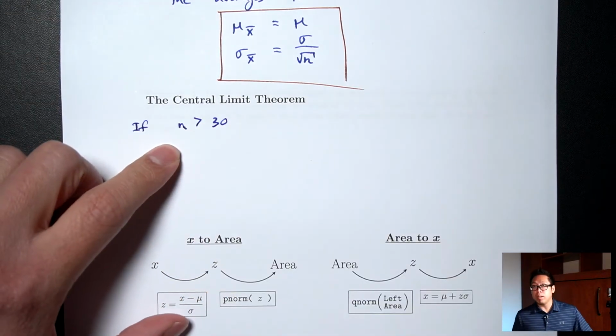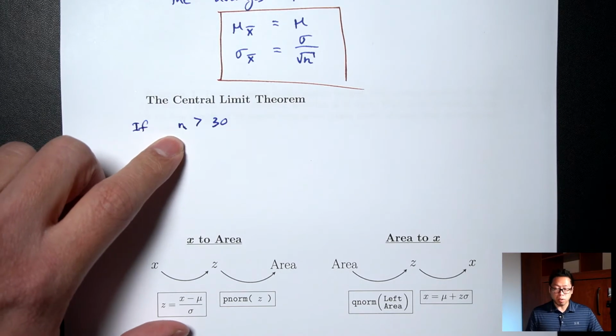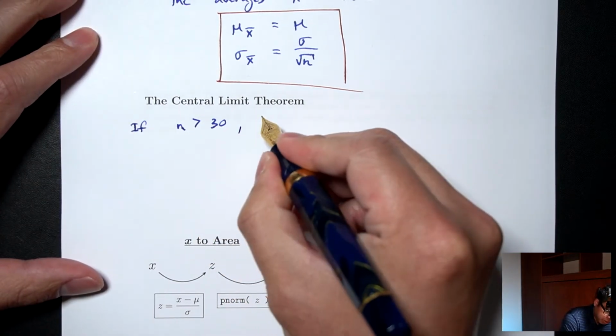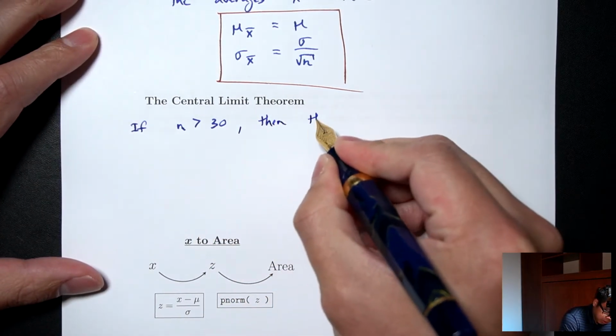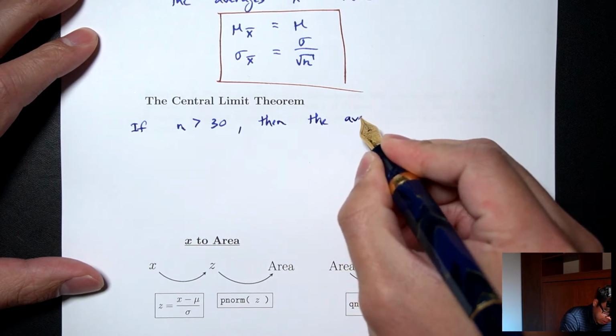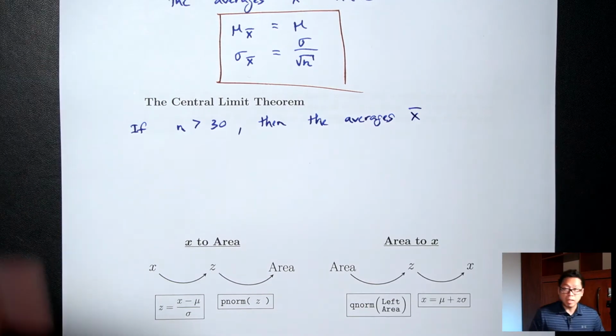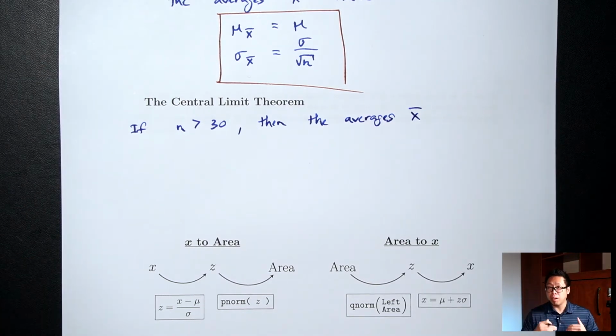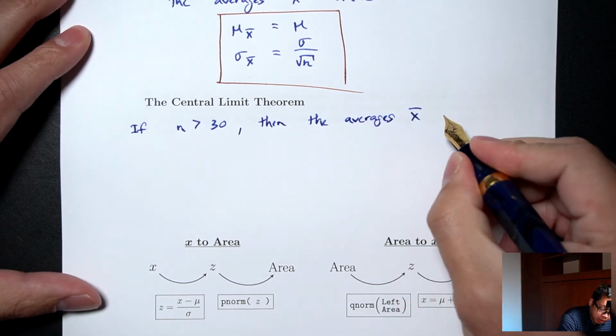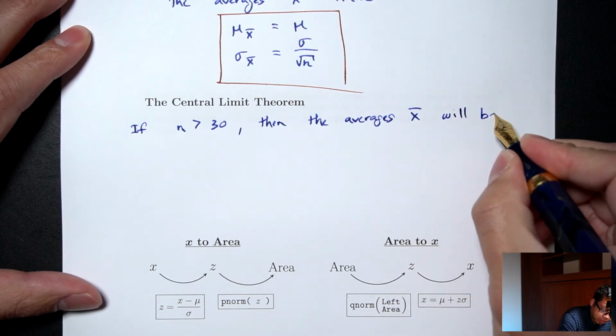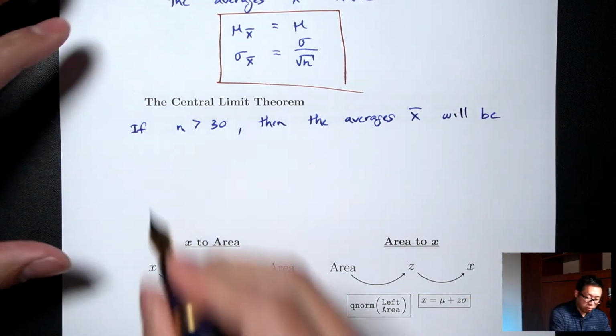if n is bigger than 30, in other words, if the sample size is bigger than 30, then the average x bar, in other words, the picture at the bottom, will be approximately normal.